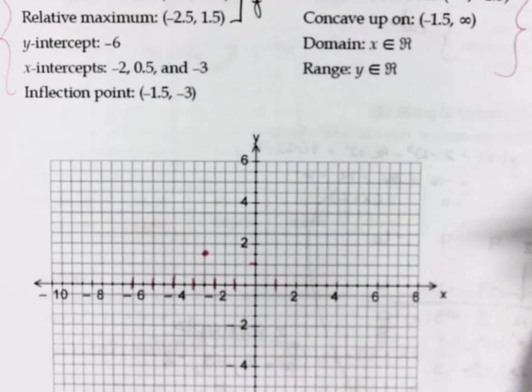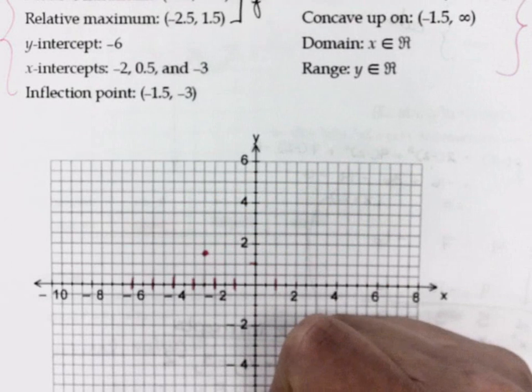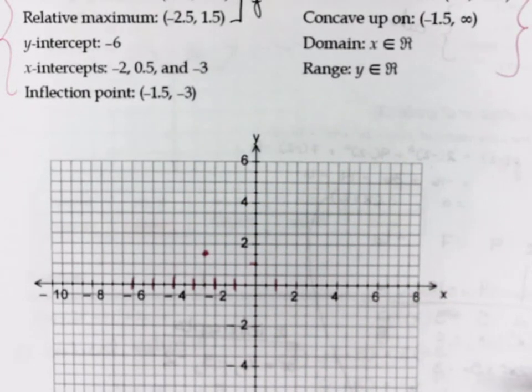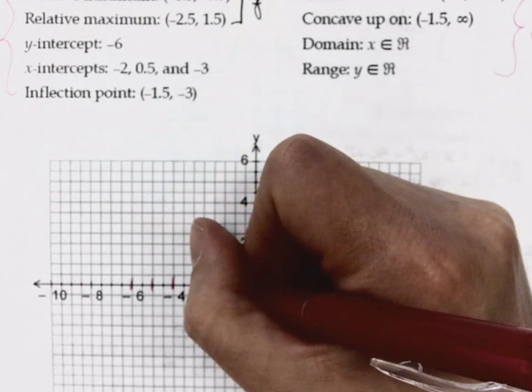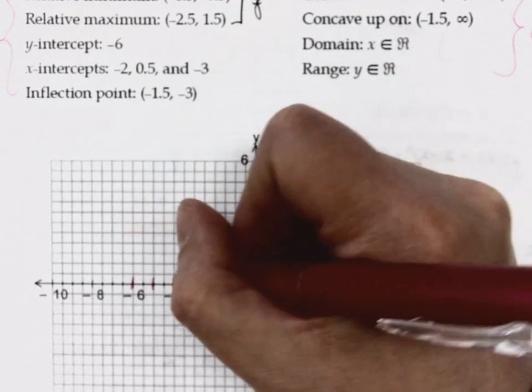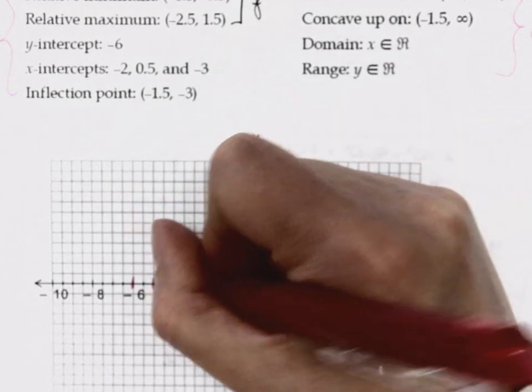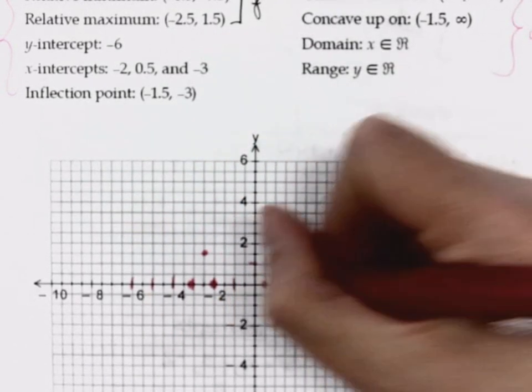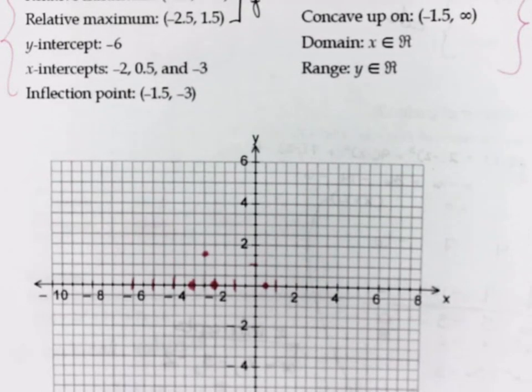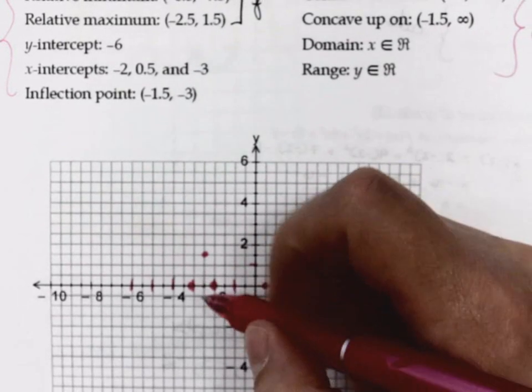So there's my relative maximum. My y-intercept crosses at -6. My x-intercepts are at -2, -3, and +0.5. Okay, so I'm going to connect all those points.